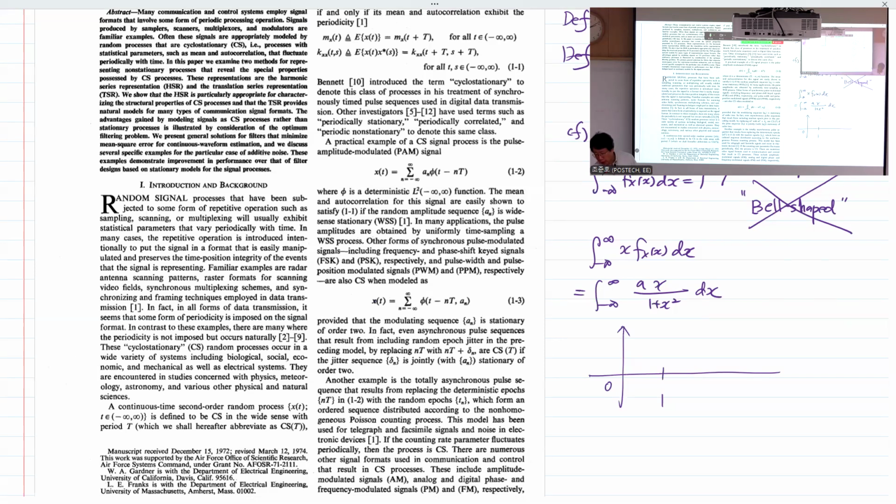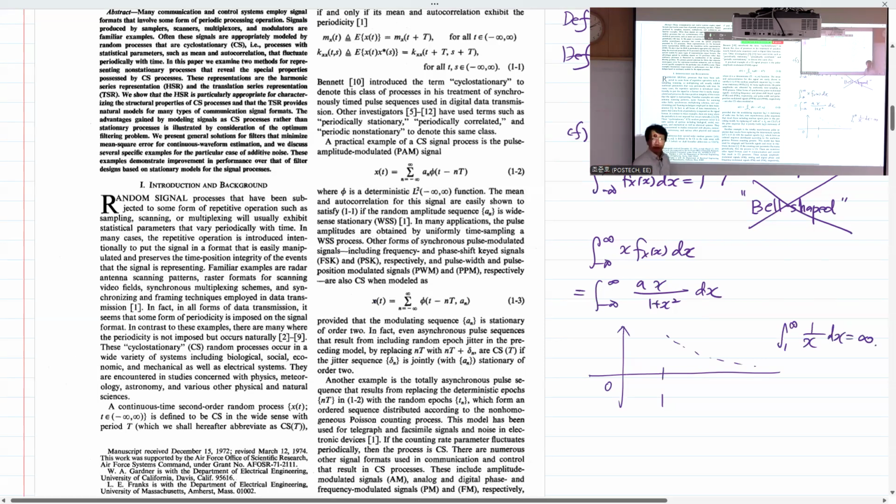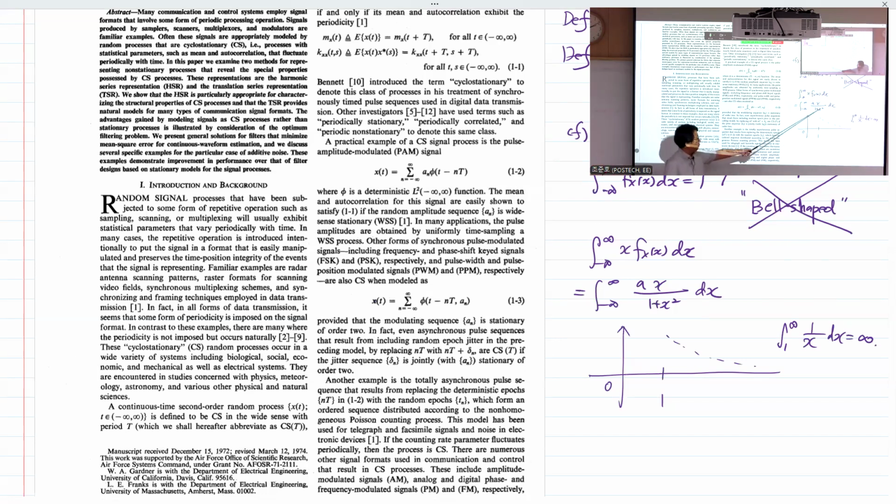And you know that 1 over x does not have a finite integration. So this part, you don't have a finite integral. Similarly, that part, you don't have a finite integral, even though you may have a finite integral around here.